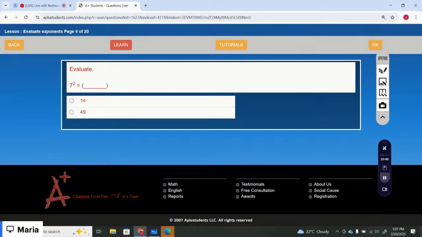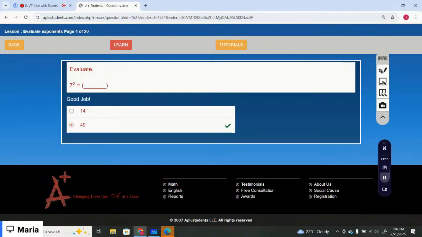So 7 times 7 is 49. Option number 2 is the correct option.